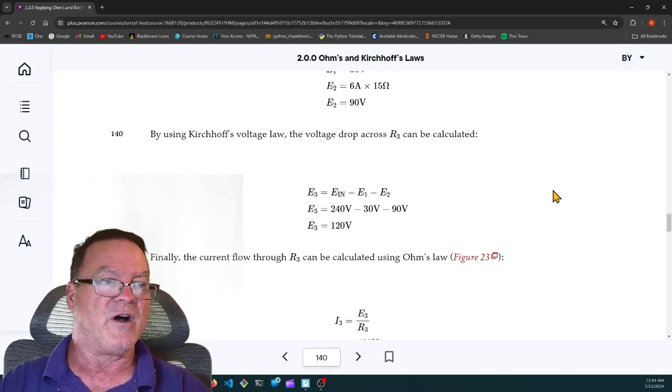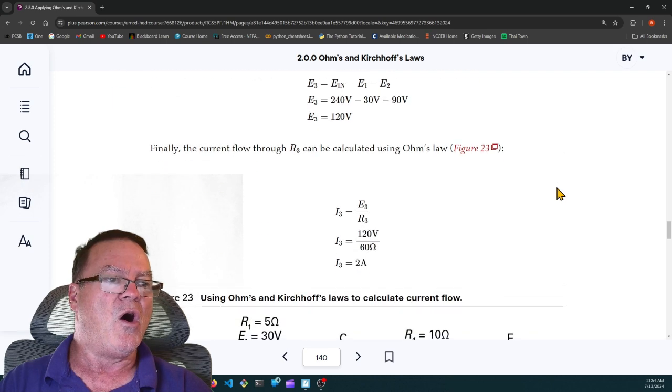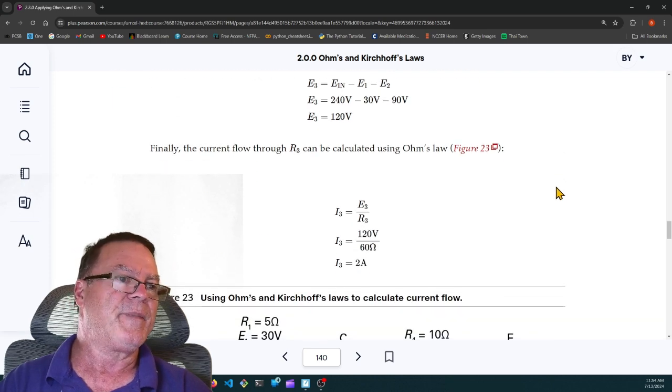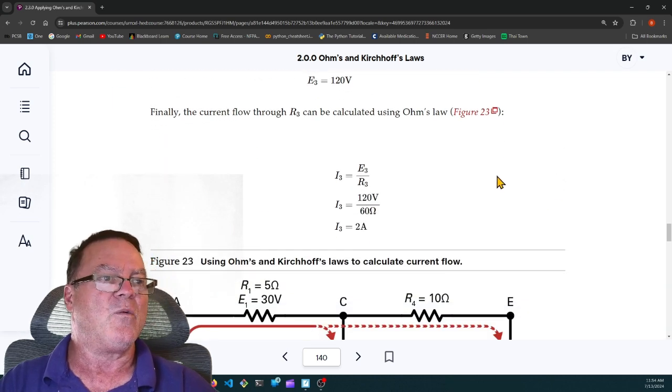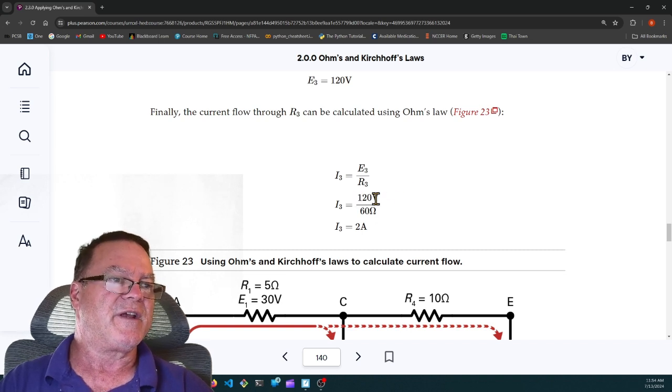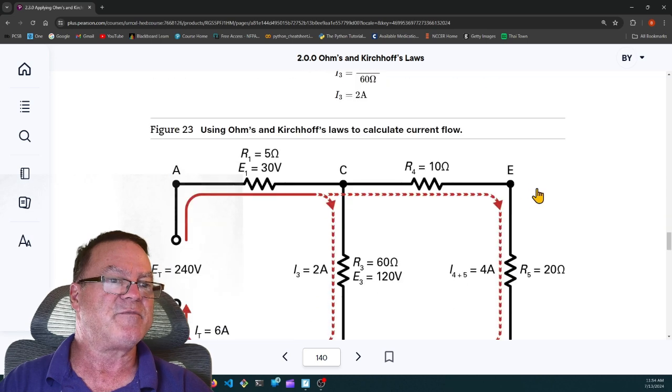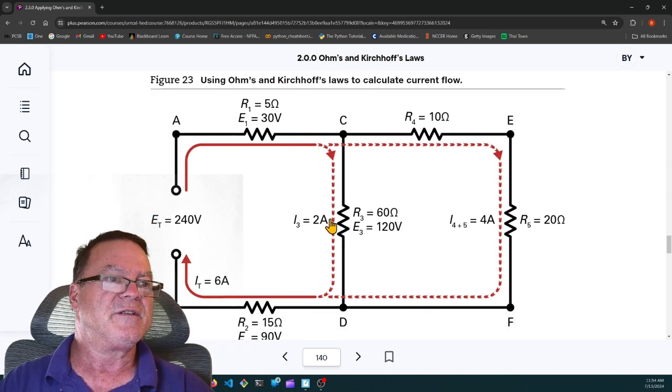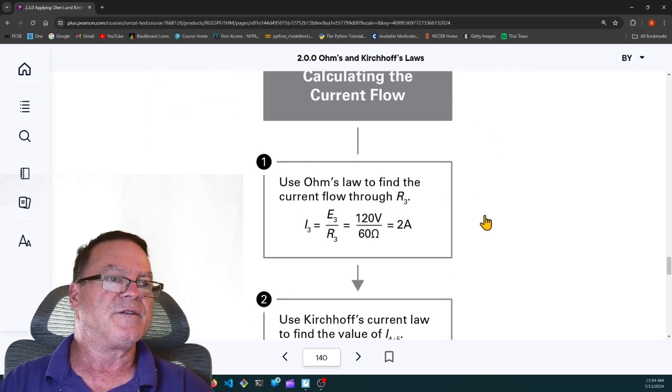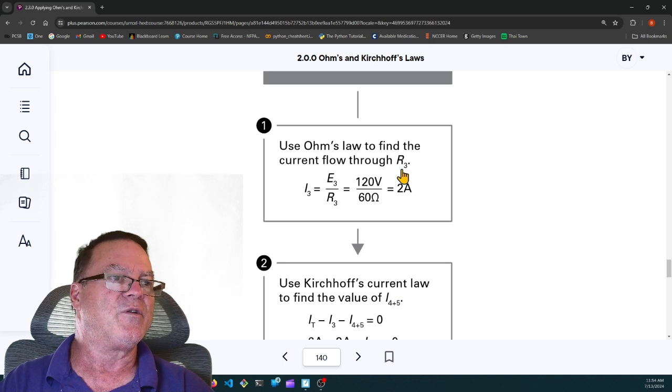We also have 120 volts across R45. So here they're finding out what the current is by taking 120 volts divided by 60 ohms. We have 2 amps. And if we do 6 amps minus 2 amps, we end up with 4 amps going through R45.